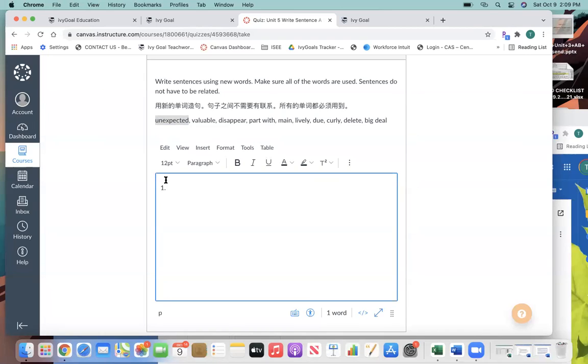An unexpected magician made an unexpected explosion. I like where you're going with that. Maybe the magician's not unexpected, but the magician made an unexpected explosion.